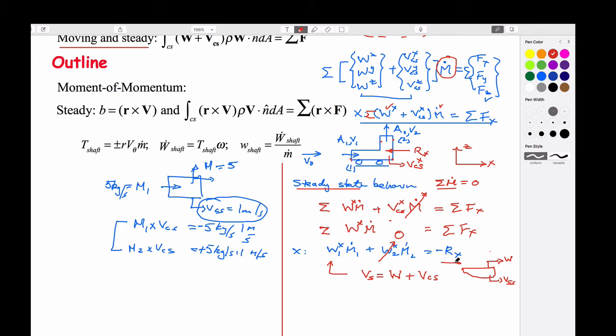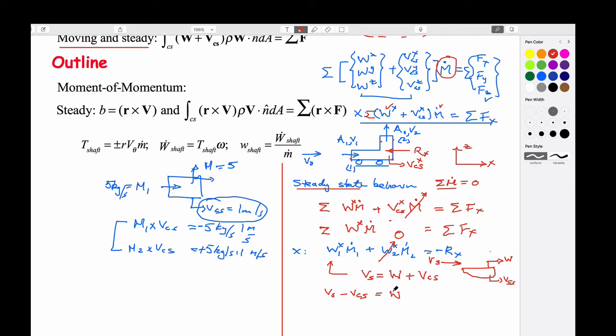And this is velocity relative to a static observer, right? It's just a vector sum of these. And so we could rearrange this to write it as W is equal to, just take this term on the left-hand side, static minus, this is just rewriting this equation.